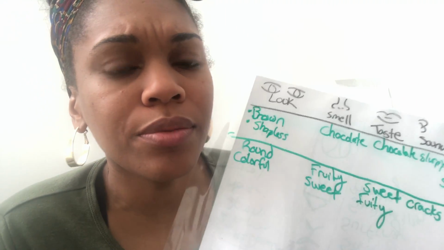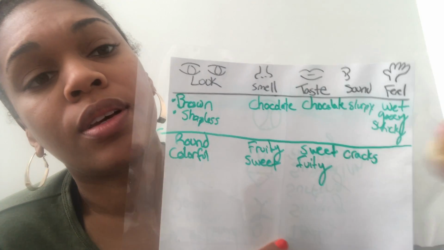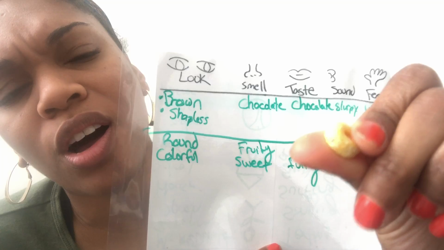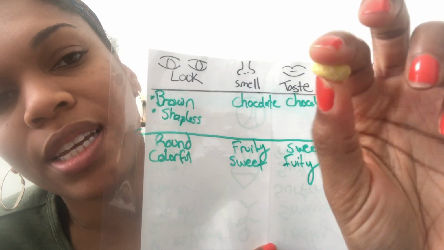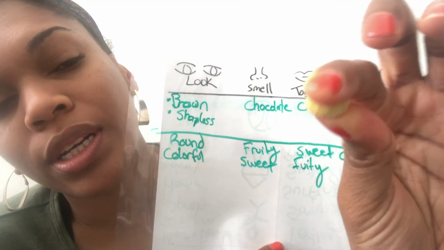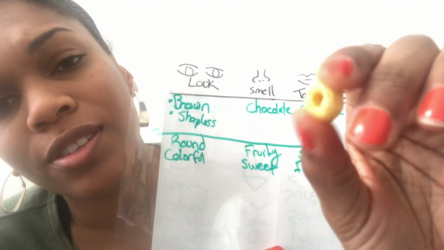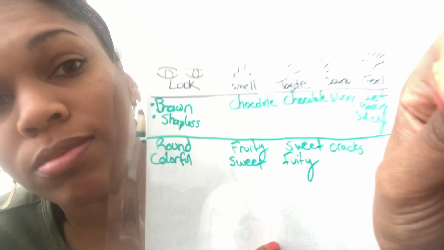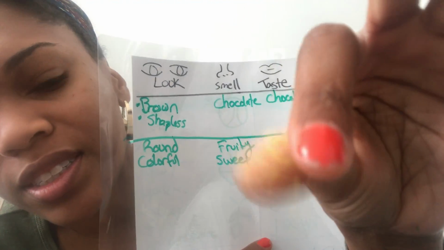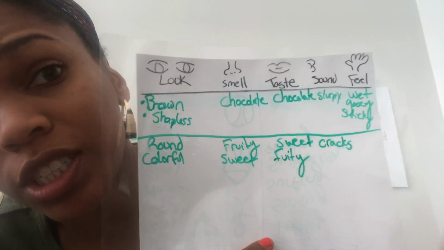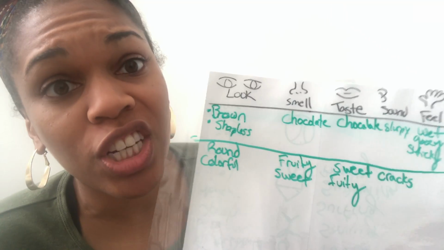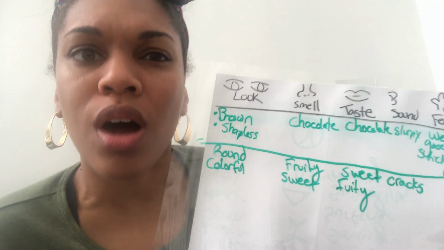And how do they feel? Well, let's touch it. When I'm touching a Fruit Loop, do you think it feels soft? I'm squeezing it. It's not really squishy like I did with the pudding. Do you think it feels hard? Oh, I crunched it. Yeah, it sounds a little crunchy to me. It feels crunchy. It feels rough.